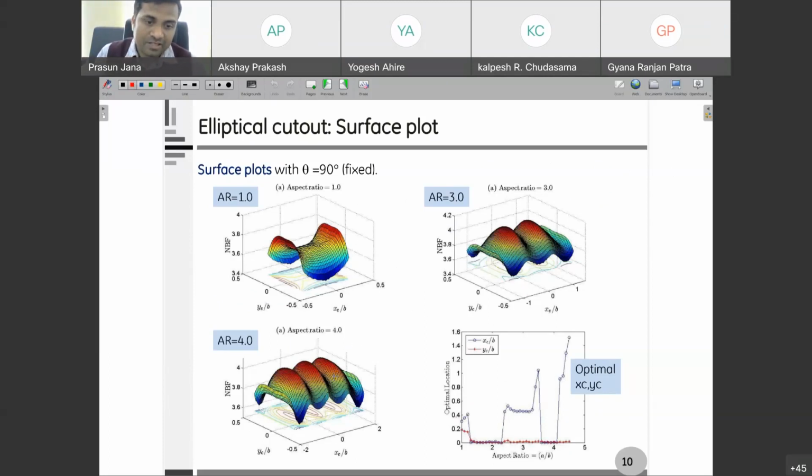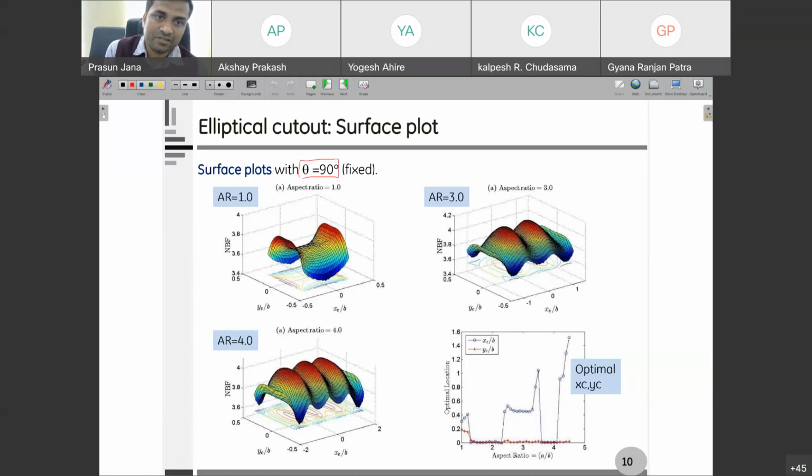So here also you can see there are certain maximum positions at different locations within the cutout. And here, because there are actually 3 parameters, we cannot have a surface by changing 3 parameters. So one parameter we have fixed.